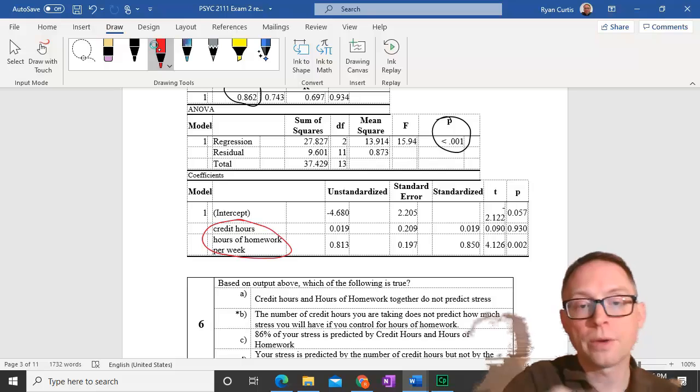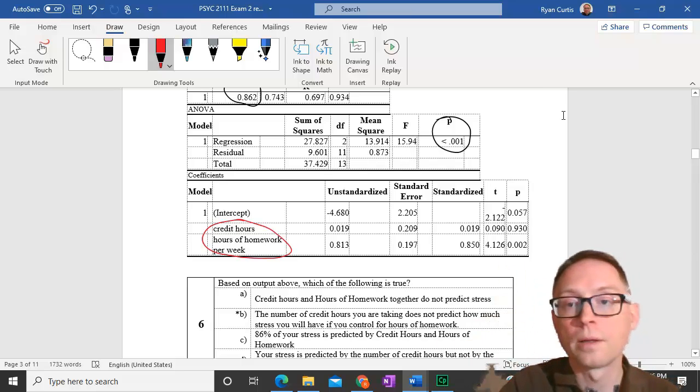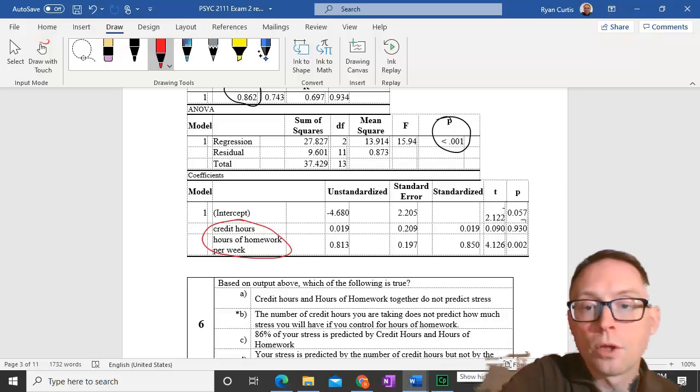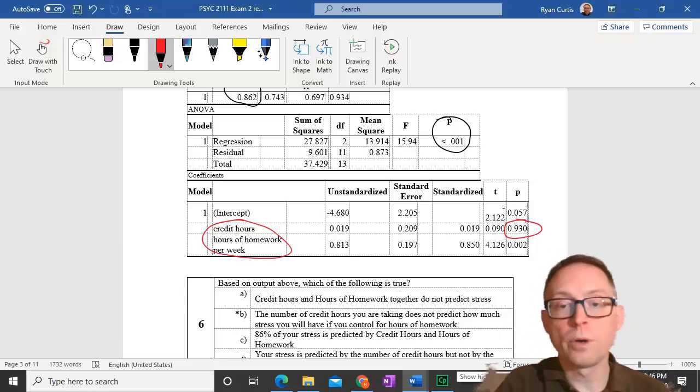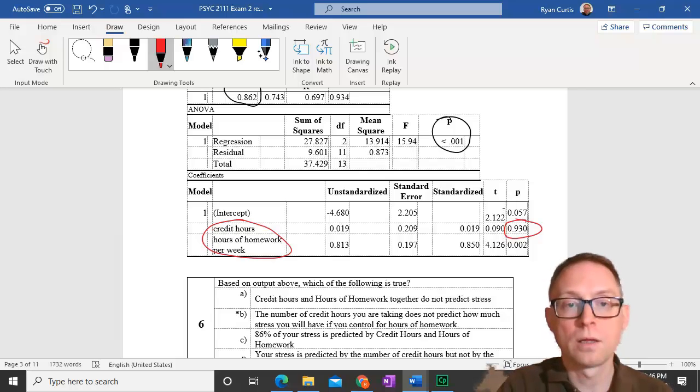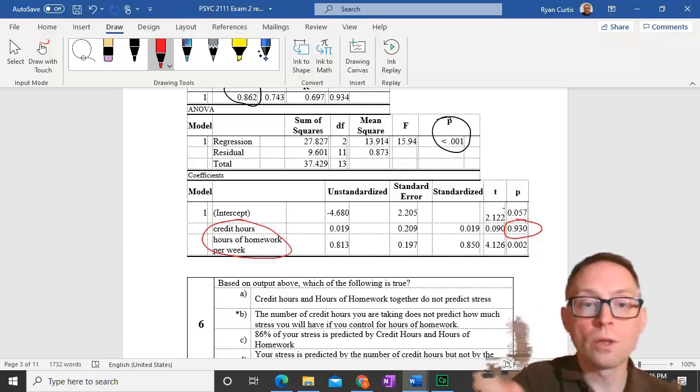Notice how I have the two different predictors right there. When we go over to the p-values for these two predictors, credit hours is over 0.05. That means it does not significantly predict stress when we are controlling for hours of homework.